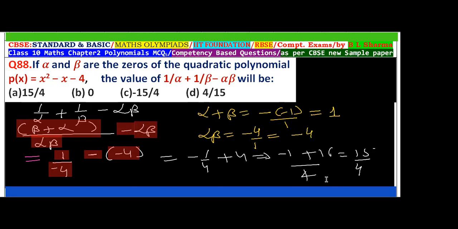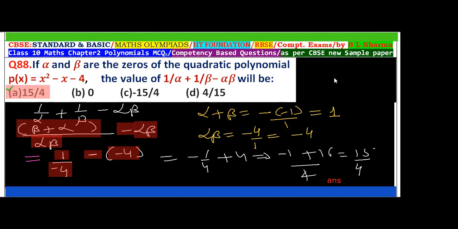So the answer will be 15 by 4, and that means A is the correct option. यहाँ पे जो इसका आंसर है वो है 15 by 4, और ये इसका A पार्ट करेक्ट है.